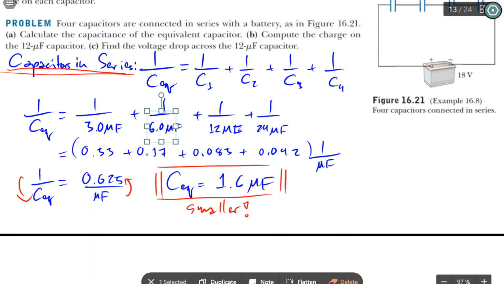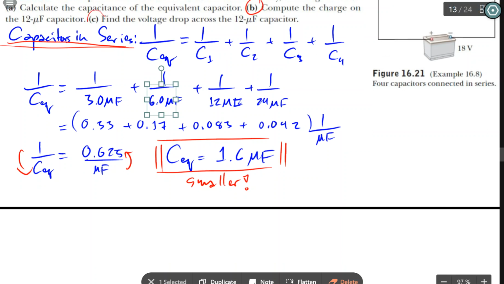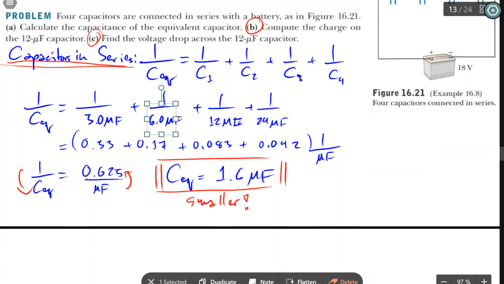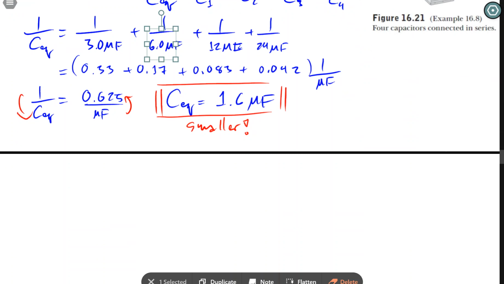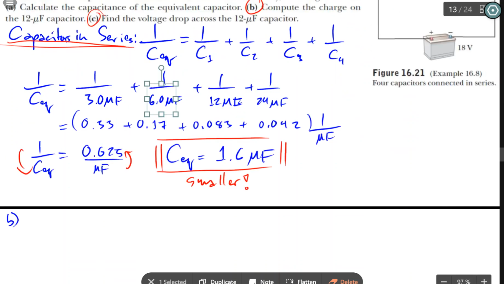And then now we're going to still compute the charge on the 12 capacitor, and then find how much voltage drops across the 12 microfarad capacitor. Okay, a little bit different, but not too bad.